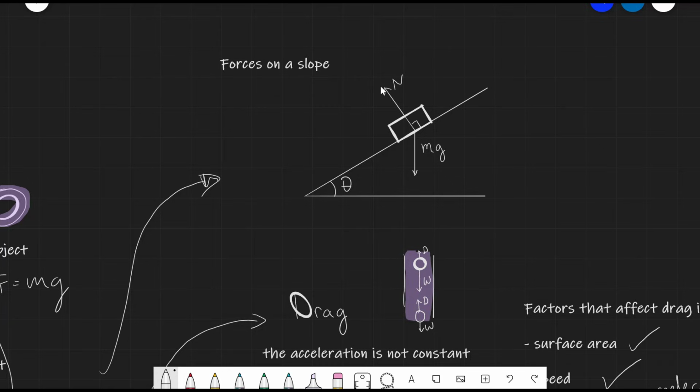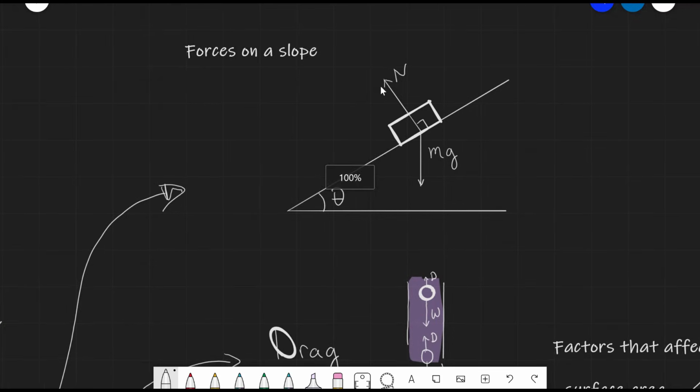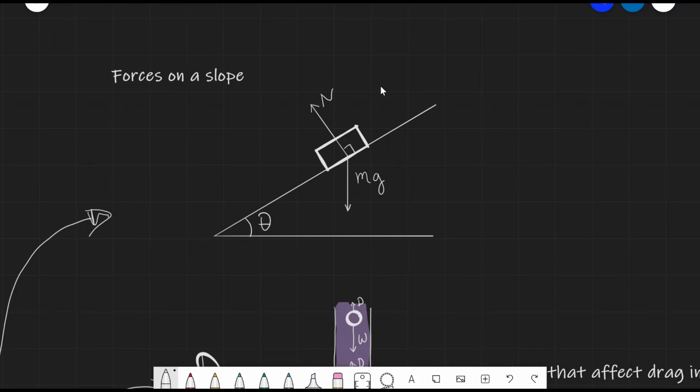The weight will be acting vertically downwards. We can actually split our component of the weight to a component which is parallel to the plane, and we can also find a component which is perpendicular to the plane.